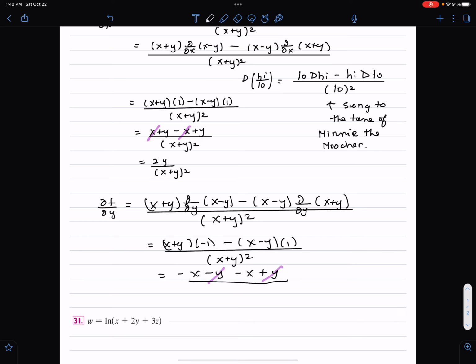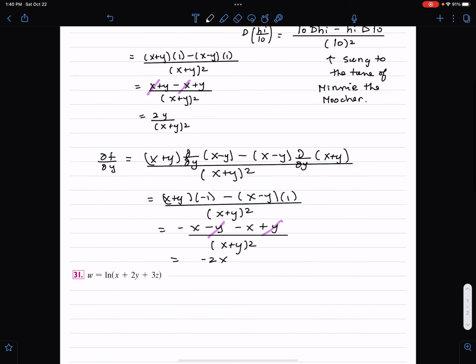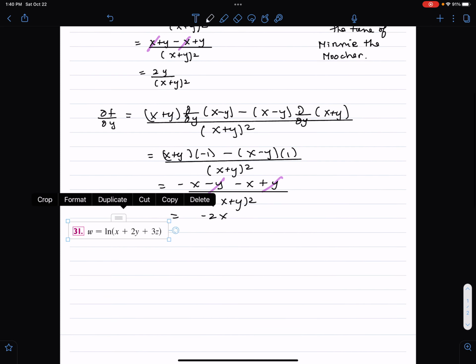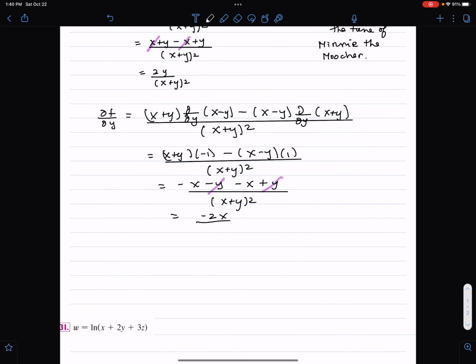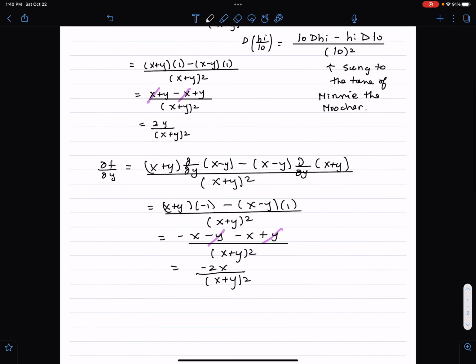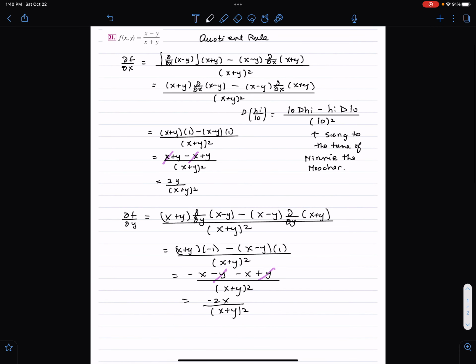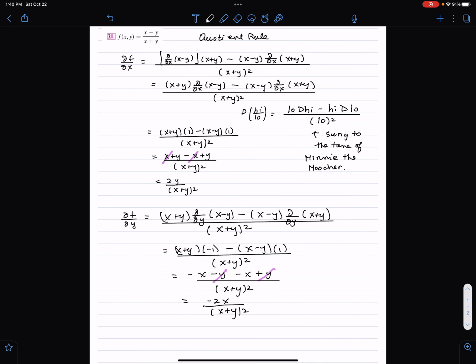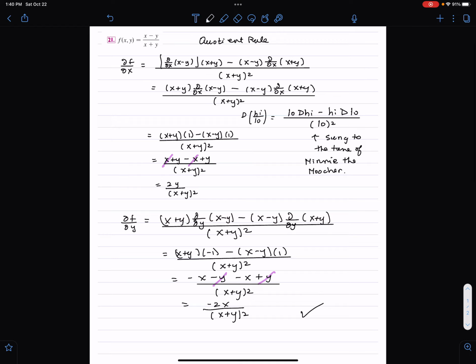And then, of course, I should also write x plus y squared. So that's negative 2x over x plus y squared. Alrighty, that seems to have done the problem there.